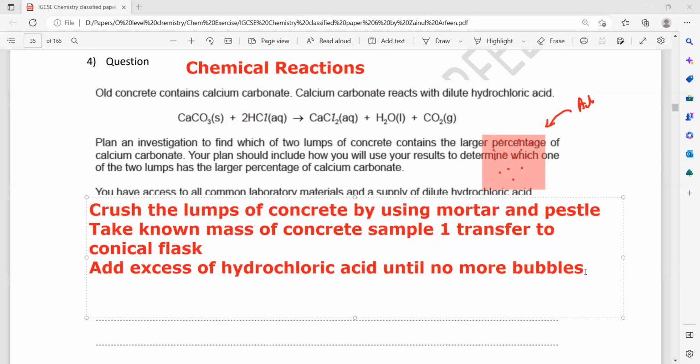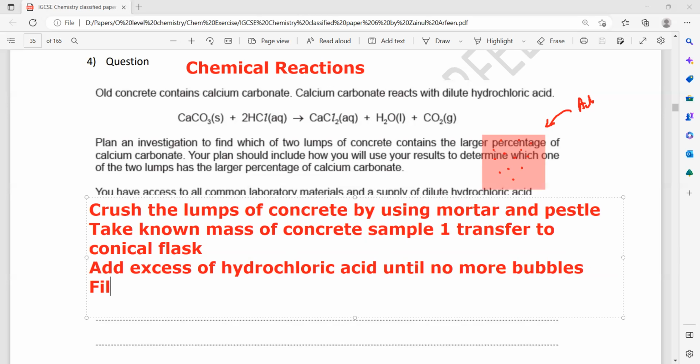But the measurement needs a formula because you want a percentage. By looking at the sample, you cannot identify the percentage. For example, I can see more mass is there, but I cannot identify from looking at the mass what percentage. So we add an excess of hydrochloric acid until no more bubbles are there.